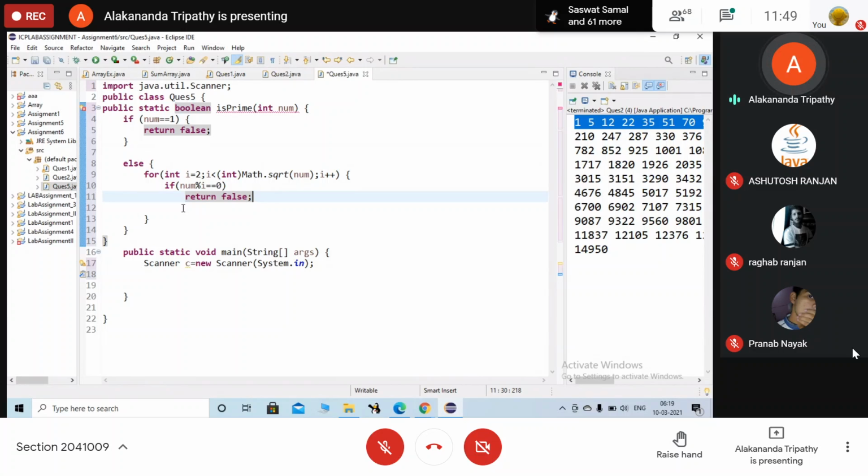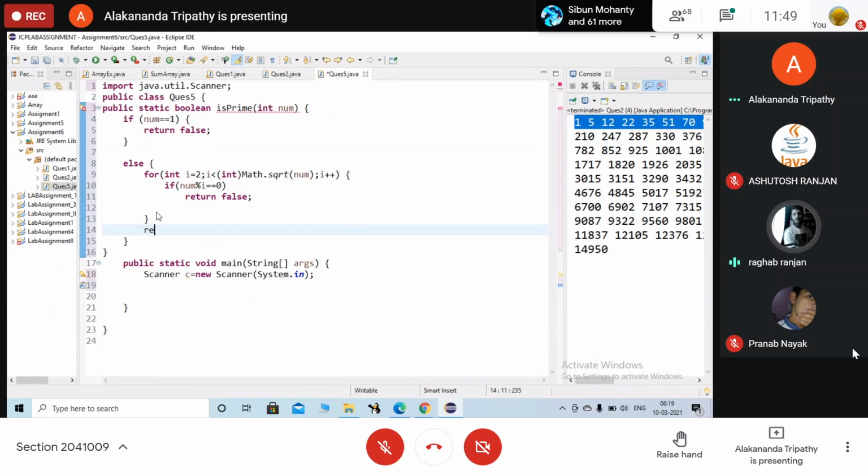What will be the other statement? मैम रिटर्न ट्रू। Return true.